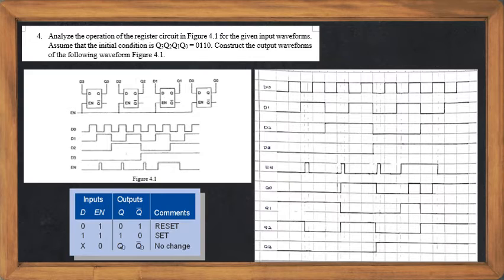As you can see, to find Q0, the initial of Q0 is 0. So when D is 0 and enable is 0, the output will be no change.